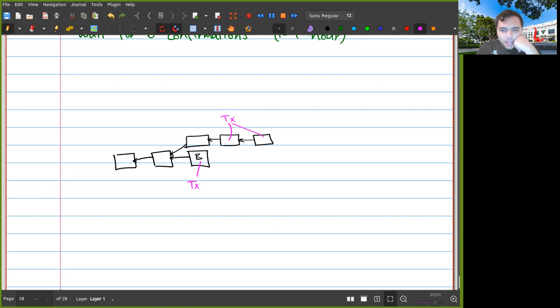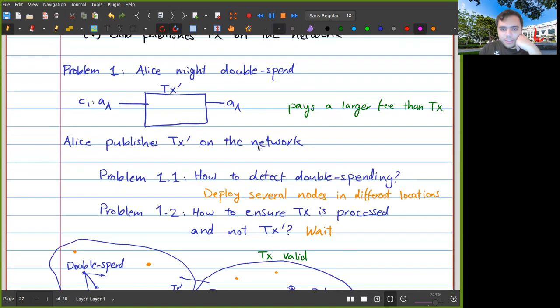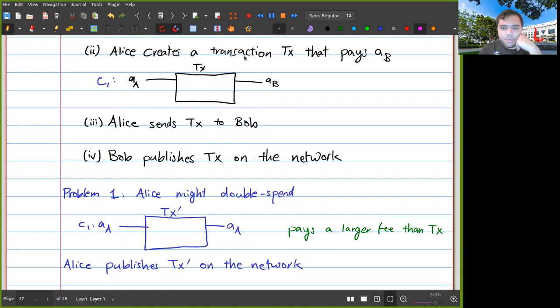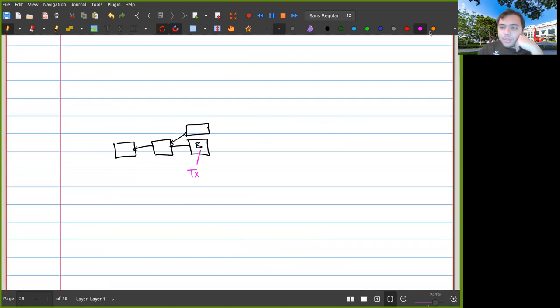But a worse scenario is this. Suppose that Alice has done double spending. So suppose that we have these two transactions, TX and TX prime, that use the same coin, and one of them pays it to Bob, the other one pays it back to Alice. And now suppose that there is a fork and the other block in the fork contains TX prime.